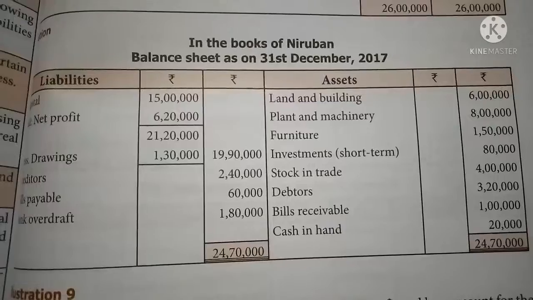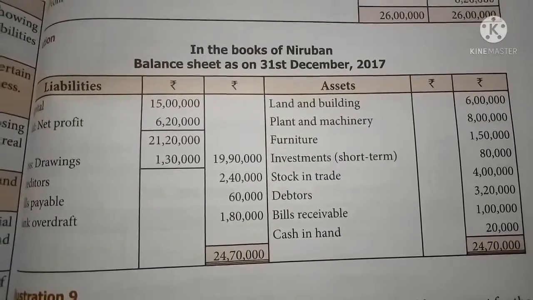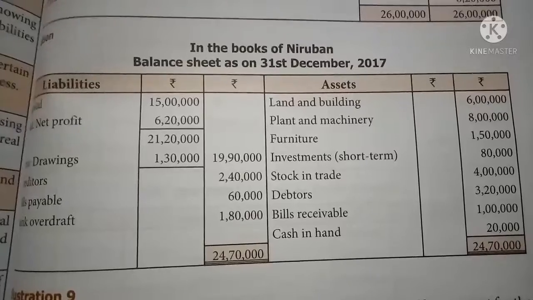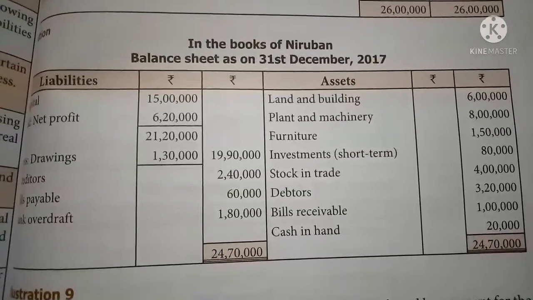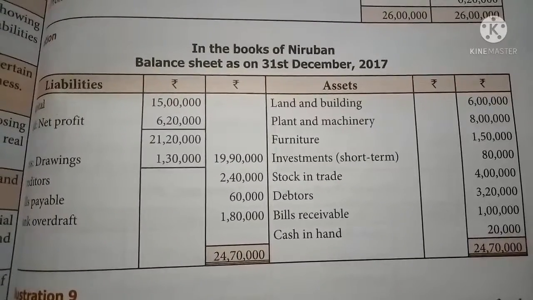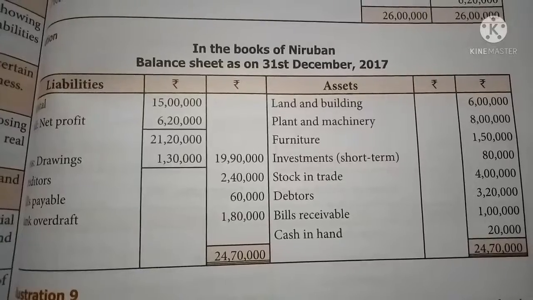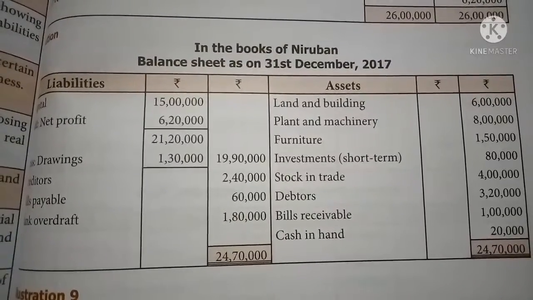If they ask you to prepare final accounts, it means you can prepare the trading account, profit and loss account and balance sheet at a time. With the help of the information given in the sum and the specimens, you can easily prepare final accounts. With that we conclude this video.